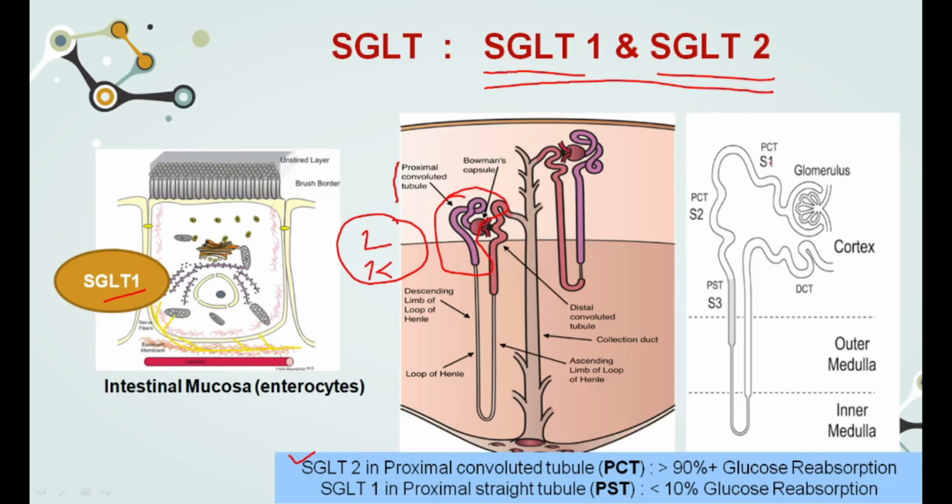The proximal convoluted tubule has three major segments, S1, S2 and S3. SGLT2 is expressed mainly in S1 and S2, whereas SGLT1 is expressed in the S2, S3 portion, that is the proximal straight tubule.